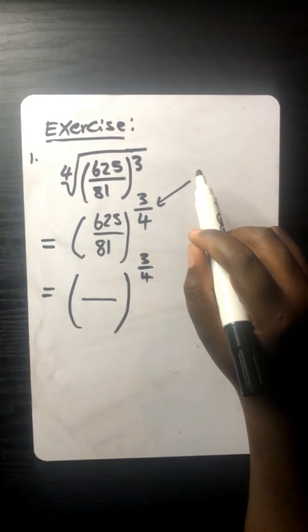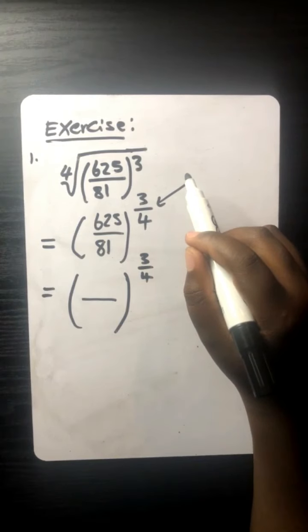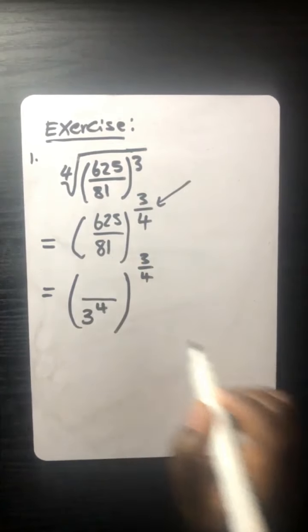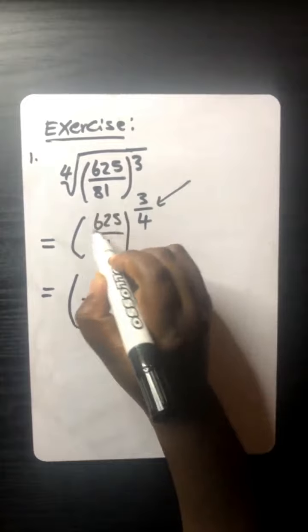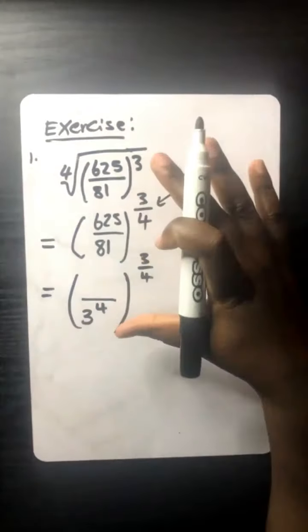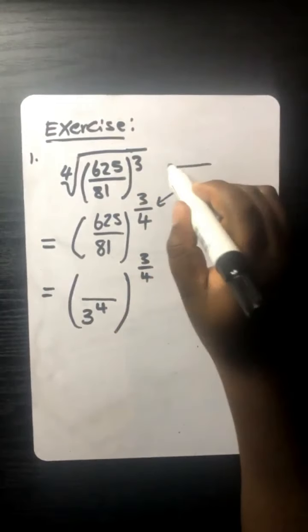Yes, sir. What is it? It's 3 to the power 4. Ladies and gentlemen, 81 is 3 to the exponent 4. So my question is, what is 625?